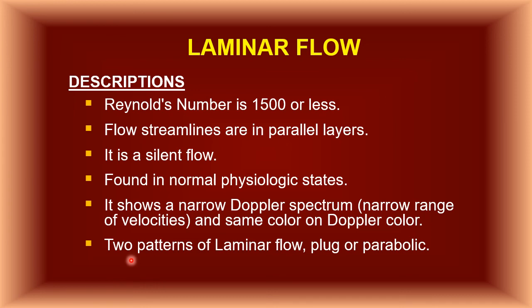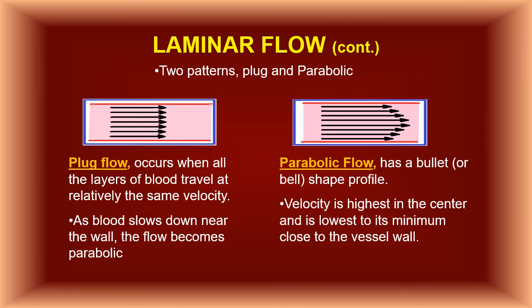So it has two patterns we mentioned earlier, the plug flow and the parabolic flow. What is the difference? The difference is in the rubbing or the friction. The layers of blood that are close to the vessel wall, because of some friction, they will lag behind.